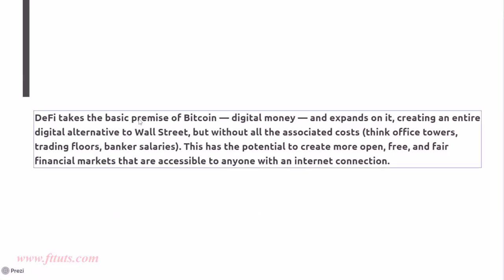DeFi is taking the basic premise of Bitcoin, digital money, and expanding on it, creating an entire digital alternative to Wall Street without all the associated costs. Think of office towers, trading floors, banker salaries, etc. This is the potential to create more open, free, and fair financial markets that are accessible to anyone with an internet connection. In my opinion, this is definitely the future of banking and finance in general, which is why I thoroughly believe in Ethereum.